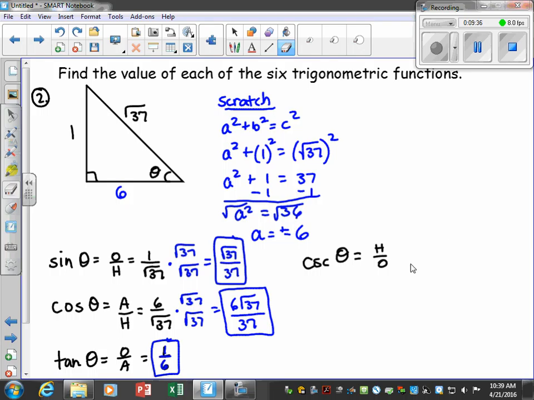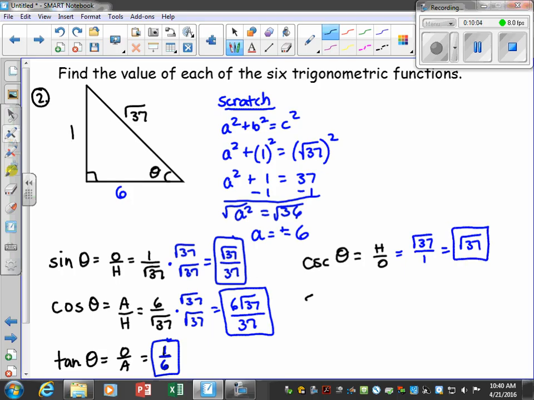If I'm going to use a reciprocal property, it's much easier to use this not simplified form, because now what would be the reciprocal of this guy? Just the square root of 37 over 1. So keep that in mind if you prefer to use that. So using the definition, hypotenuse over opposite would just be square root of 37 over 1, square root of 37. So just a special note there.